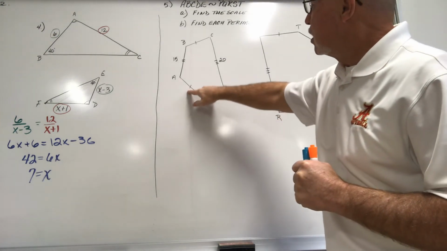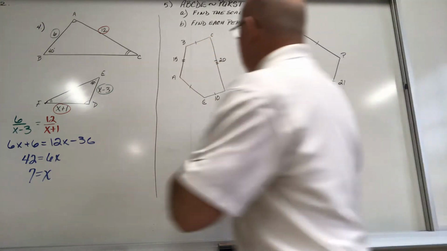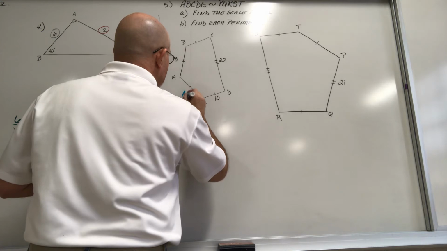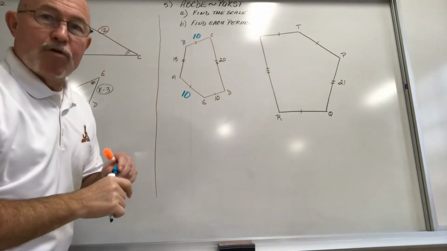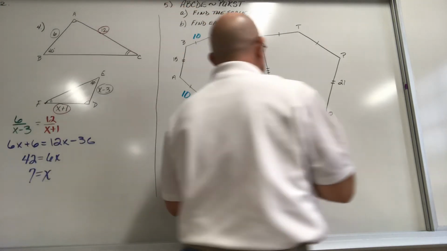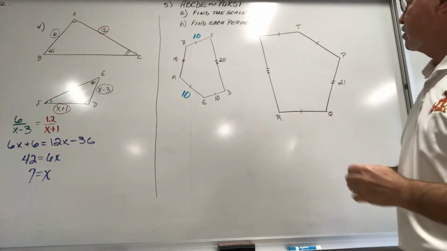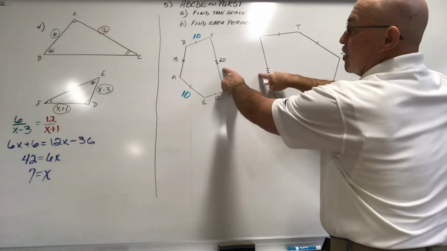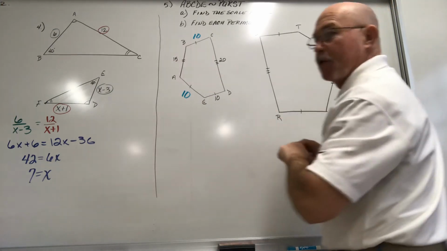Now this tells me that those 3 sides are equal to each other. That tells me they're going to be equal to each other over there as well. Okay? So when we find that, we're going to be able to deal with it. We don't have a number there, we can't do anything. Here are our numbers.